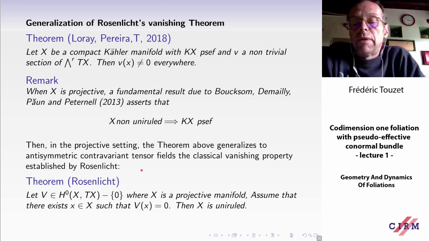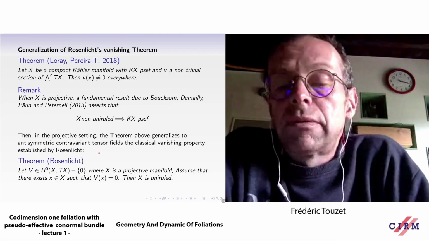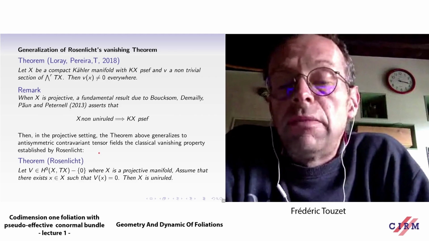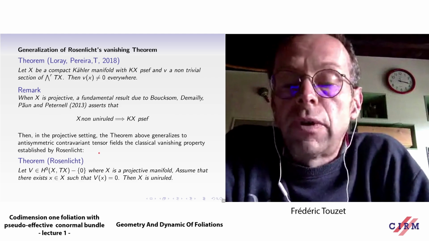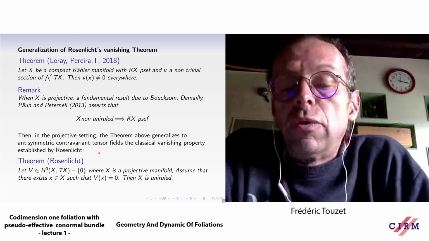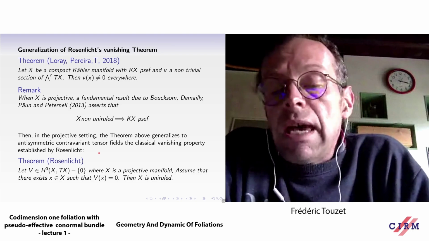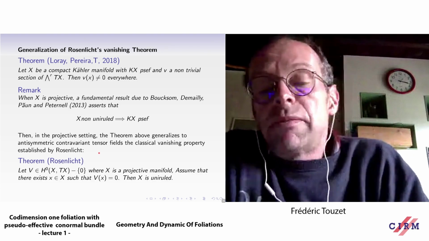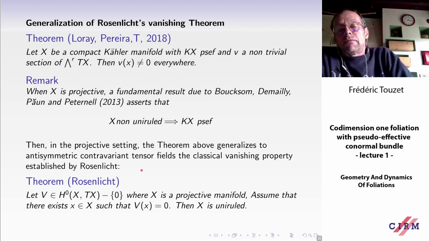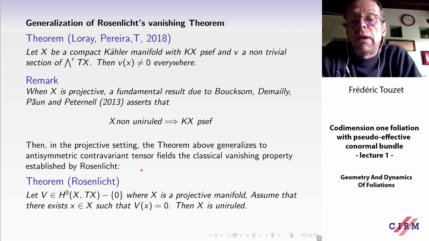Demailly proved his integrability result to derive non-existence results, namely non-existence of certain foliation structures on a non-uniruled manifold. My aim is to assume that such foliations exist, such foliations with pseudo-effective conormal bundle, and to describe them as precisely as possible.